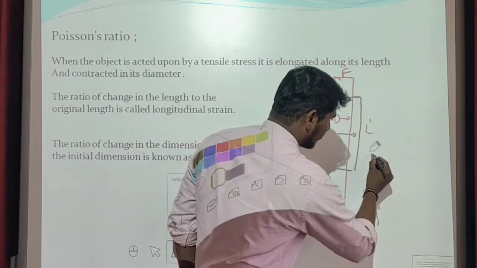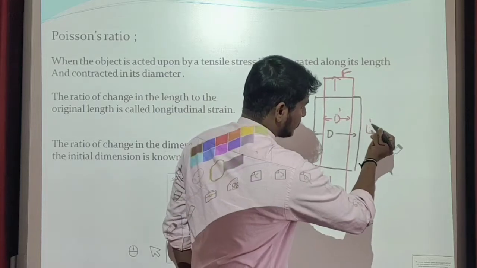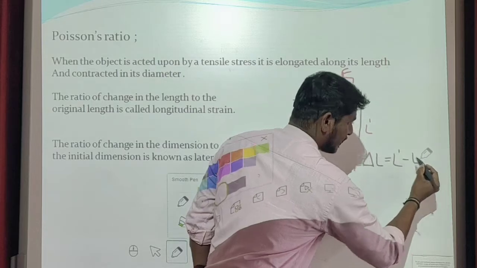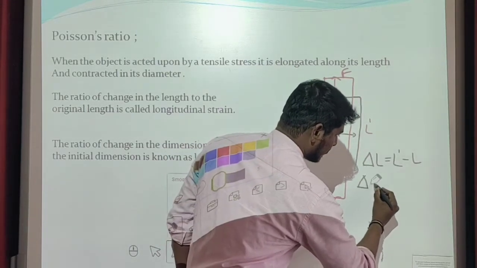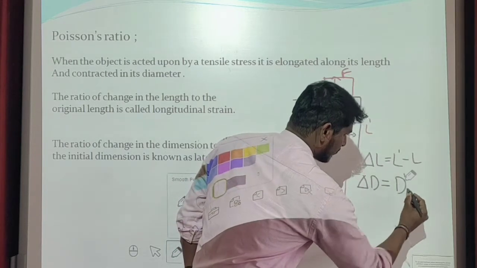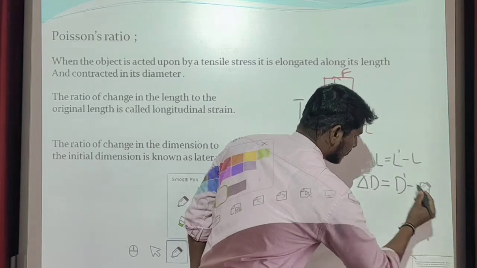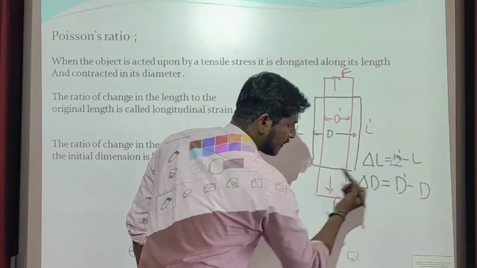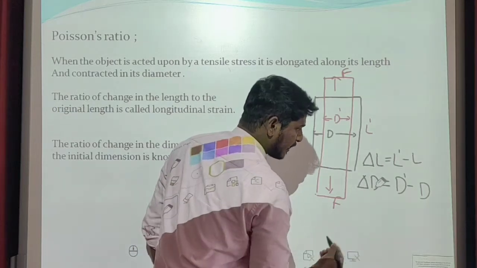Here the change in length, that is delta L, is equal to final length minus initial length, and the change in dimension, that is delta D, is equal to final dimension minus initial dimension. We can see that delta L is positive, but the change in dimension is negative.